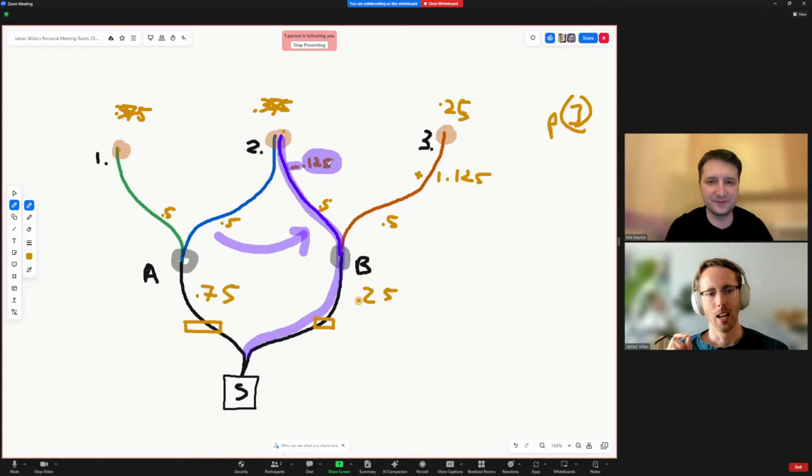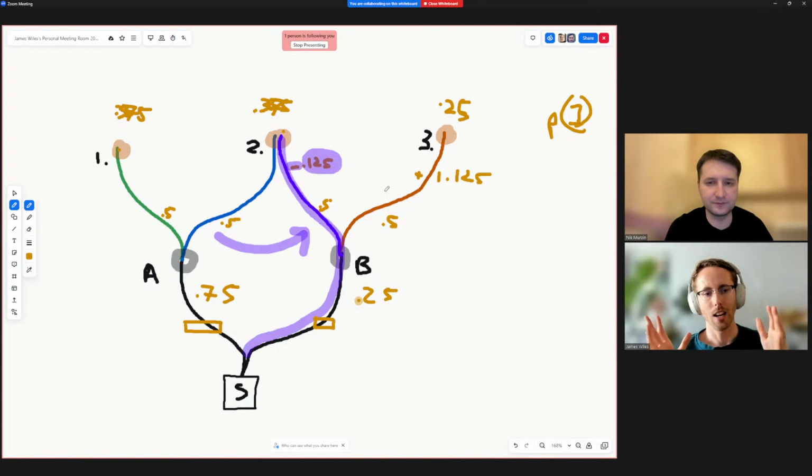The point is that there is a set of probabilities you can apply to the paths that allows you to have up to negative 1.25. So you could randomize the probabilities however you want.